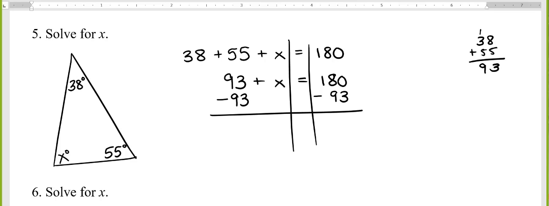So x will equal, and this is where some people get in trouble, make sure you borrow. 10 minus 3 is 7. Can you do 7 minus 9? Nope. Go borrow again. 17 minus 9 is 8.